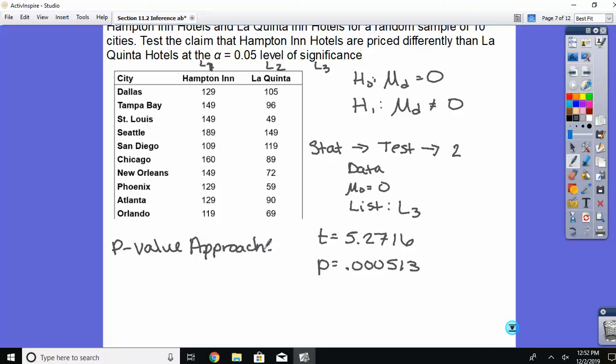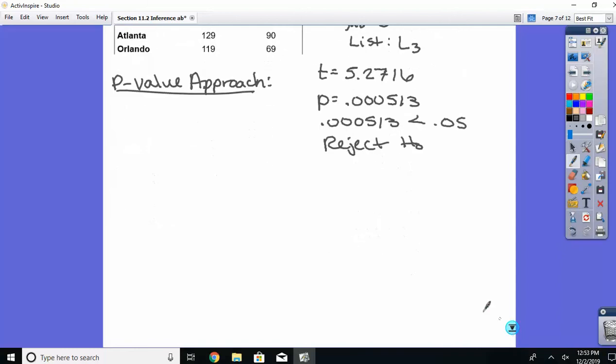So we're really doing it the p-value approach, which is the one we stick with most of the time. So if we look at this, my p is smaller than my alpha, so that means you reject the null. So we don't have to look at the chart. Not for the p-value approach. This is the way I will have you do it most of the time.